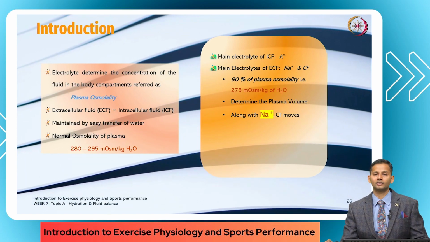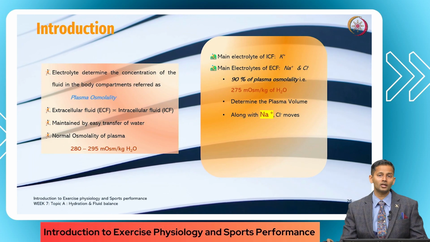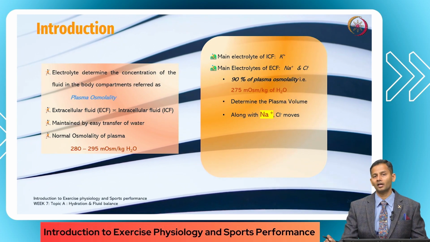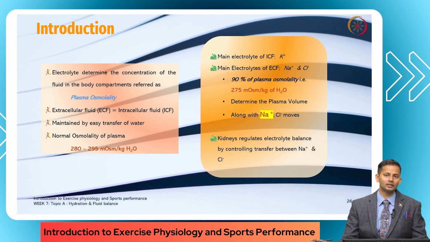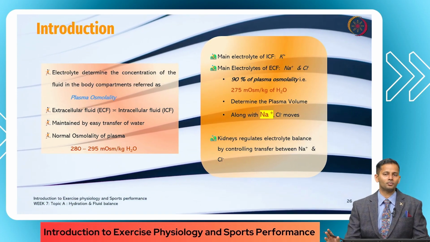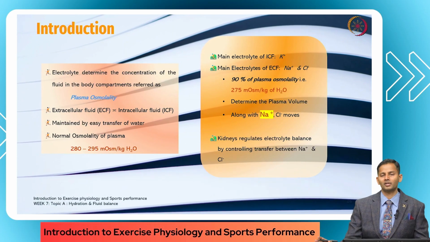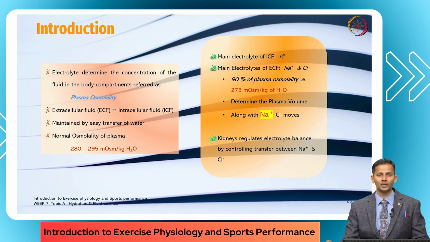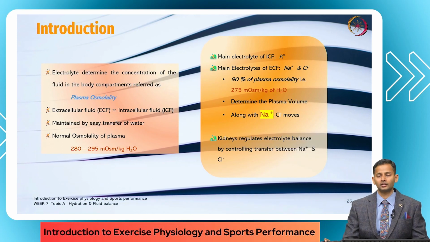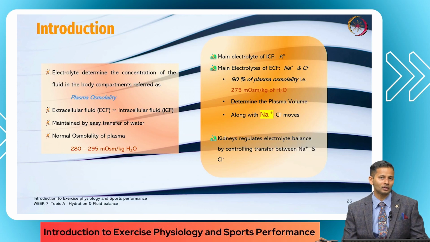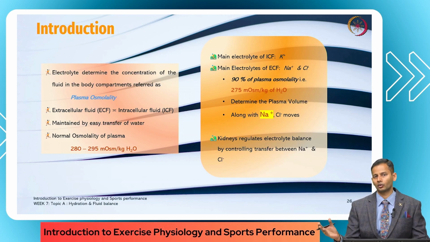So sodium determines the plasma volume, and along with sodium you find the chloride moving. It is predominantly sodium which determines the plasma osmolarity, and which organ regulates this? It is the kidney. The kidney regulates the electrolyte balance by controlling the transfer of sodium and chloride.